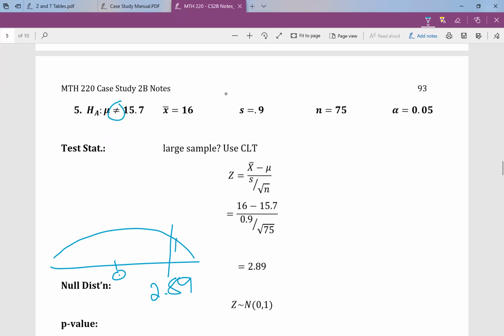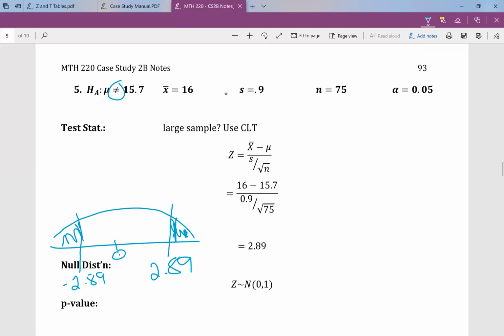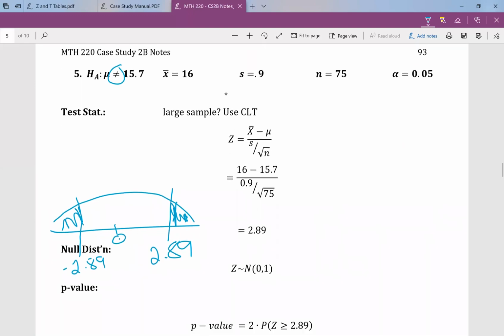So we're going to shade to the nearest tail for two-tailed and then double it. So our p-value is going to be 2 times the probability that Z is greater than or equal to 2.89. We always want to use what the actual value of our test statistic is here. Our test statistic is positive, so that means we're going to go to the right and then double it.